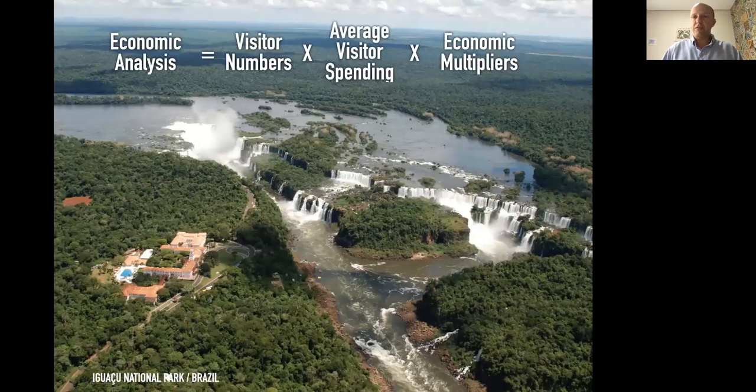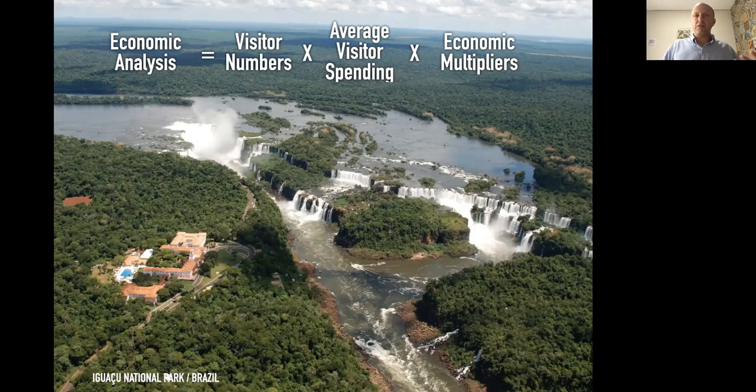So economic analysis is an equation where we need to use three variables. We basically count how many visitors we have in a protected area or in a country, in the protected area system of a country, if you are doing this at the national level.